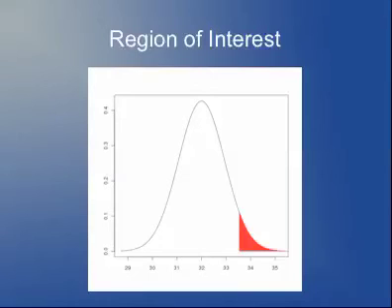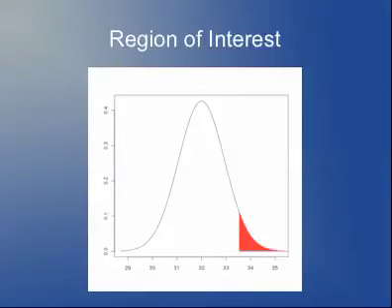So if we're doing a one-sided hypothesis test that our population mean is greater than a specified value, we want to look at the rejection region to the far right of this bell curve here. In this case, if we had alpha equal to 0.05, then this red region would illustrate 5% of that entire bell curve.